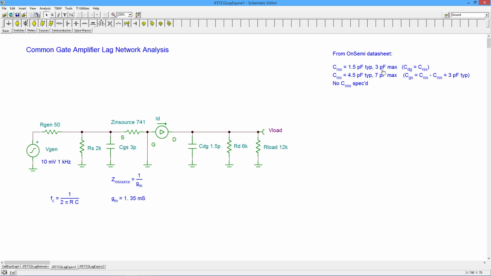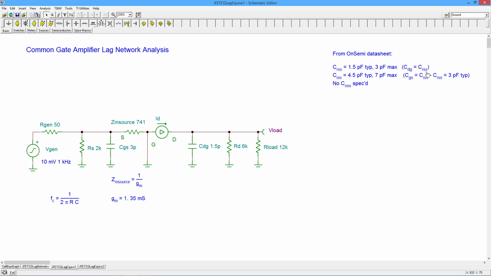I'm going to use the typicals here. CISS, which is actually the combination of the reverse transfer capacitance, the CGD in other words, and the input capacitance, they're given 4.5 picofarads for that, 7 picofarads max. So I'm just, like I said, I'm just going to use the typicals here, right? So the drain gate basically is CRSS.